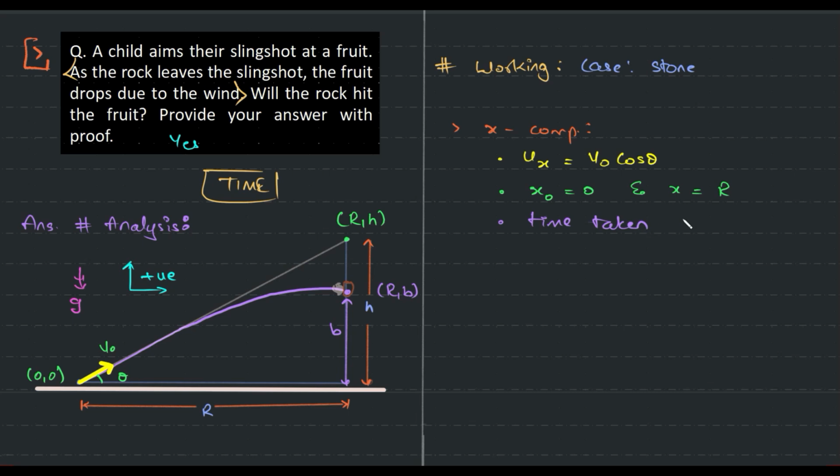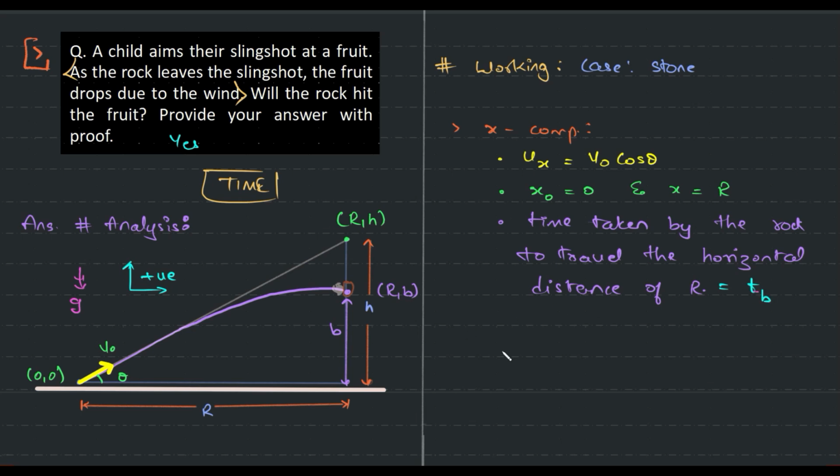So the time taken by the rock to travel the horizontal distance of R, let us call it TB. So what is our expression? We are trying to get an expression for time, TB.